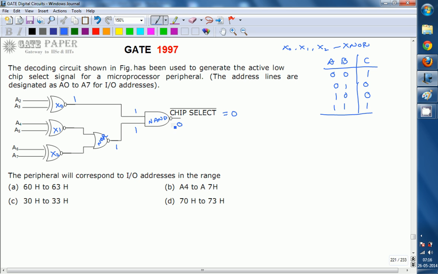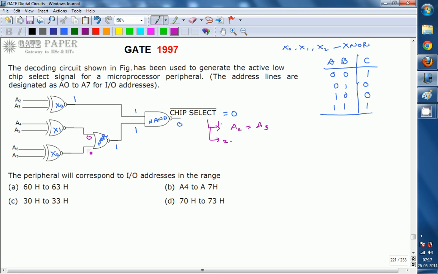Based on this, the chip select has to be 0. The first condition is that the output of X0 must be 1, so A2 must be equal to A3. For the second condition, the output of a NOR gate is 1 only when all of its inputs are zeros.